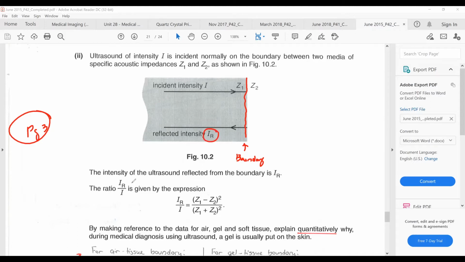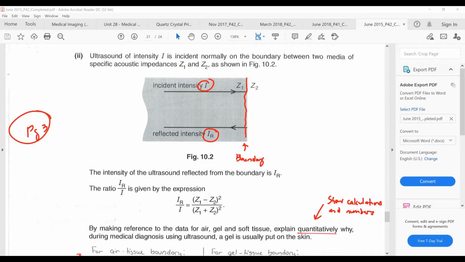And they tell you the ratio IR over I is given by this. It is actually talking to you about the fraction of intensity reflected. Now they ask you, by making reference to data for air and soft tissue, explain quantitatively. This one means you need to show calculations. You need to show calculations and numbers.